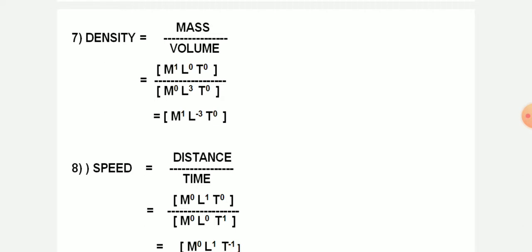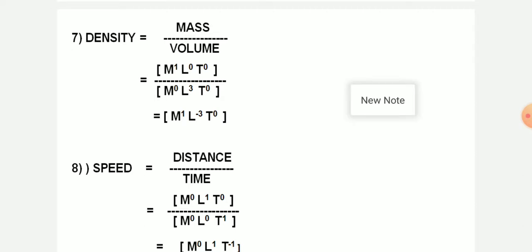So what will happen with m? m raised to power 1 and m raised to power 0 will become 1. 0 will never be minus 0. Okay. Now L raised to power 0, and the lower one is L raised to power 3.